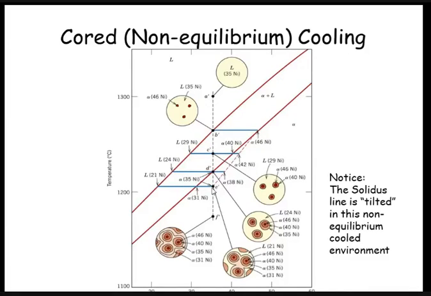On the temperature axis in degrees centigrade, this is 1100, so maybe between 1100 and 1200, somewhere here, around 1180 degrees centigrade, we will heat this alloy and hold it there.